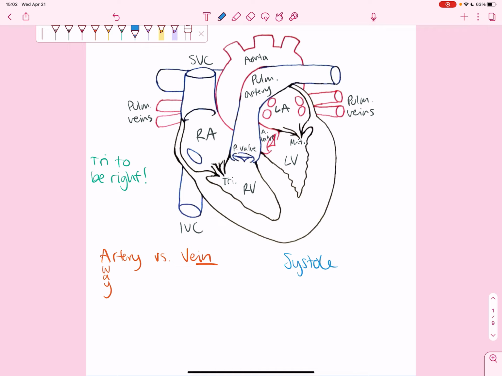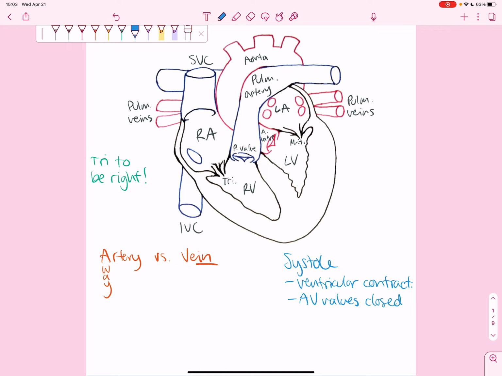This is ventricular contraction. During this time, the AV valves, AV just meaning atrioventricular, the valves between the atria and the ventricles, are closed.